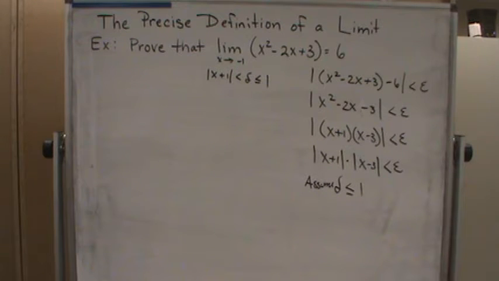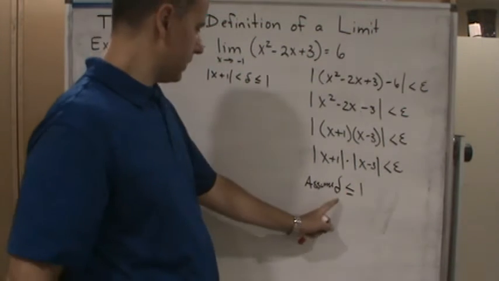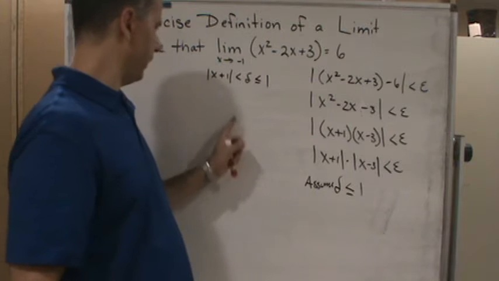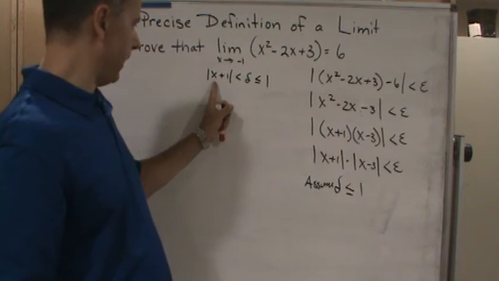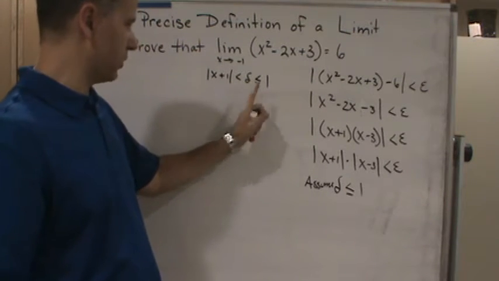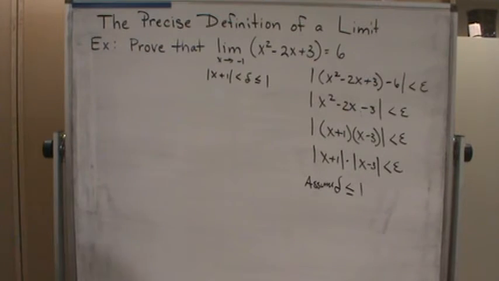So since delta is less than or equal to 1, and the absolute value of x plus 1 is less than delta, which is less than or equal to 1, then what's the consequence?